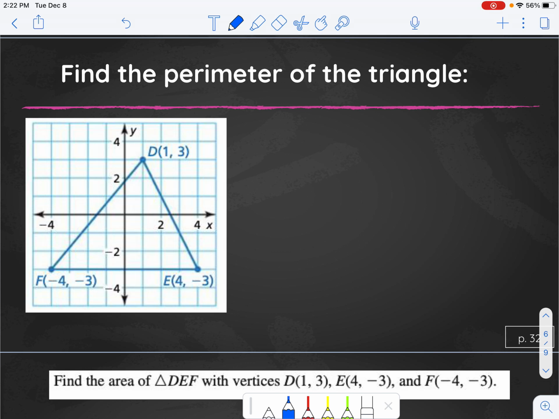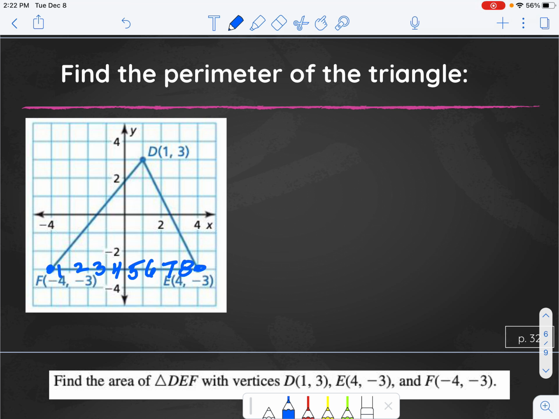Now, there's one side that's going to be very easy to find. Hopefully you can see this flat side here is very easy, because we can just count the boxes between F and E. So we have 1, 2, 3, 4, 5, 6, 7, 8.